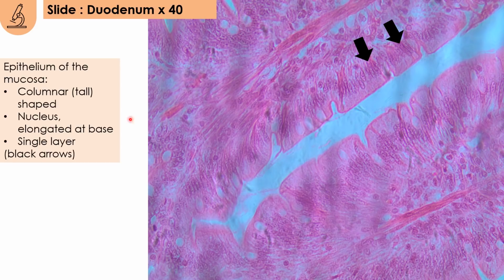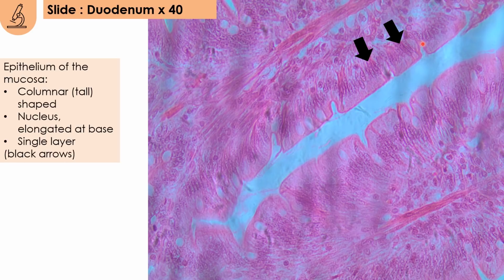We call it columnar. And then you can see the nucleus is actually elongated and located more on the base. So this would be the apical part, and this would be the base part of the cells.